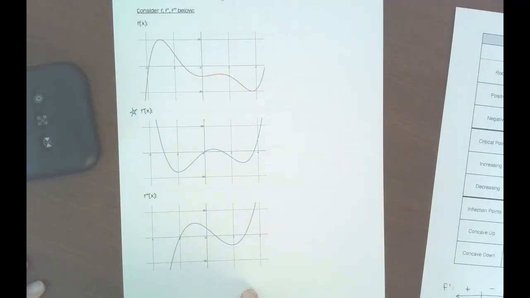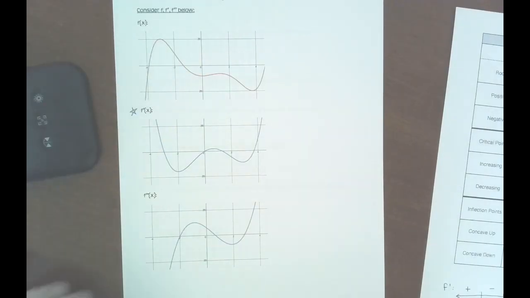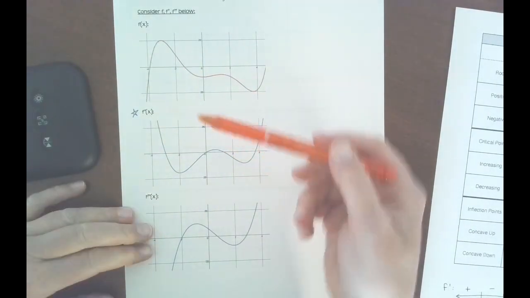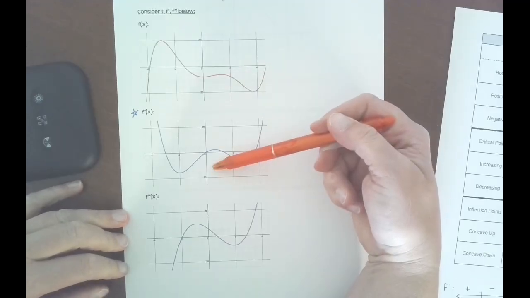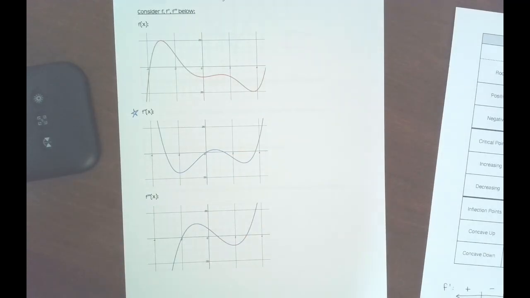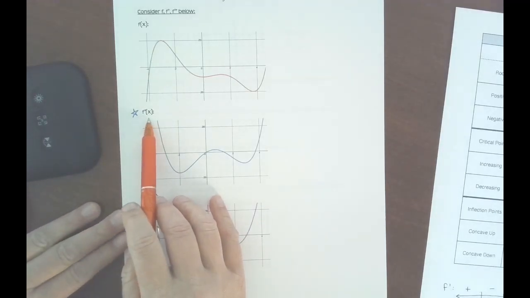So we really want to focus on f prime and how f prime relates to both of these things. And remember that the questions we're answering are about what is happening with f, but we're looking at f prime. Okay? So, as an example, your critical points are when f prime equals 0.